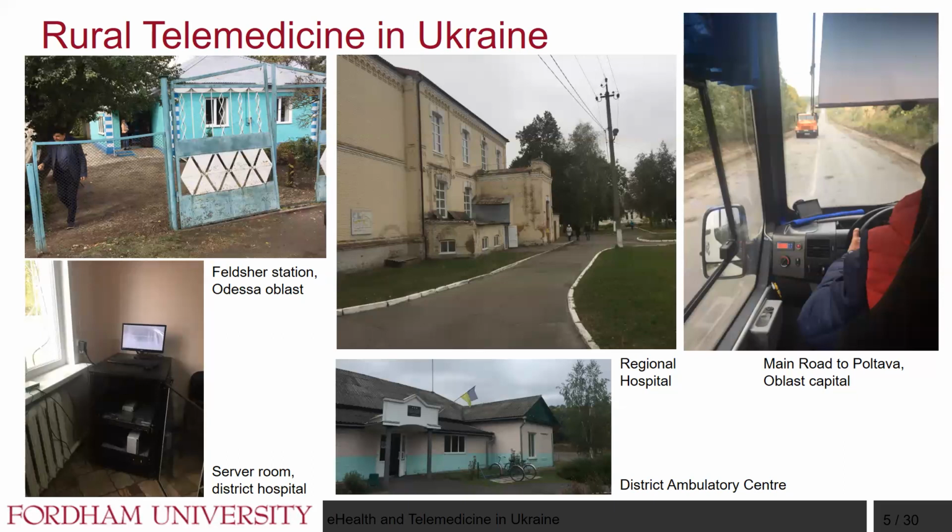Continuing that sort of theme, in the bottom left-hand corner is the server at the district hospital. I've called it the server room. It's not really a server room. It's an office with a small cabinet in it, with one server and one hard drive attached to their network.